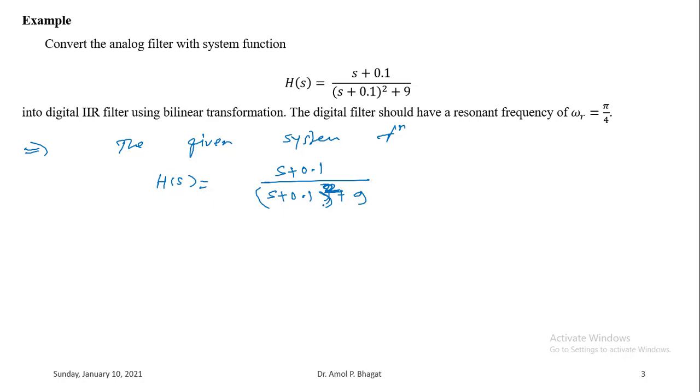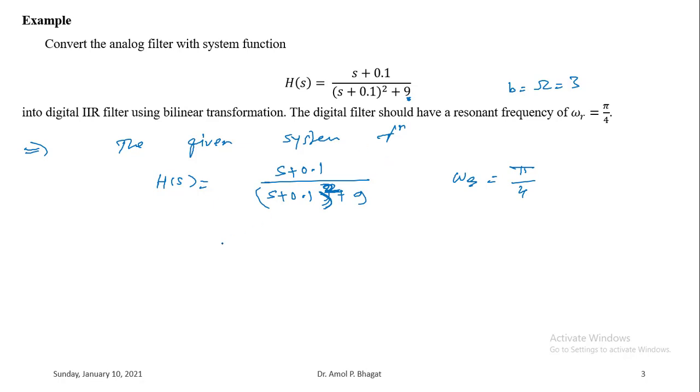The resonant frequency has been given, so omega r equals pi by 4 is specified. You can also identify the value of Omega, as I said in the previous slide, it depends on the system function. Here the value of Omega is 3.